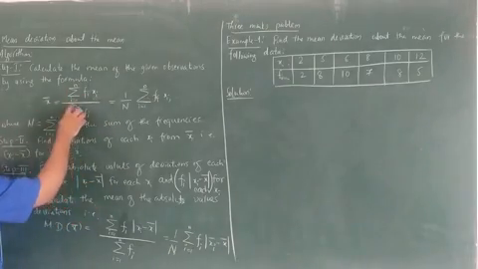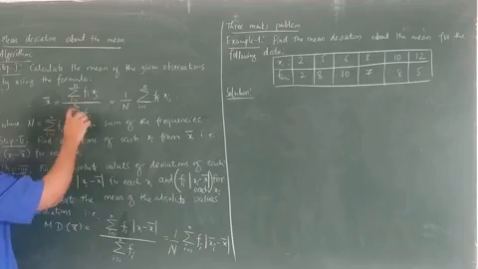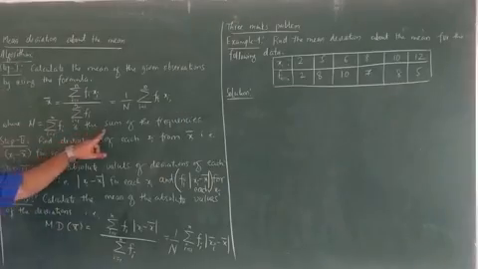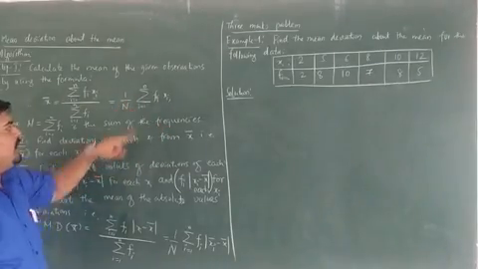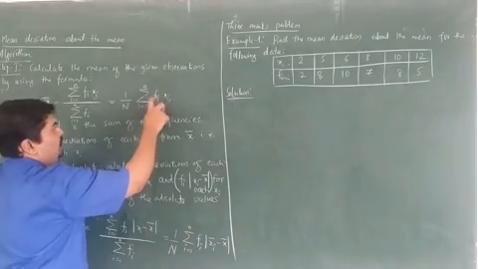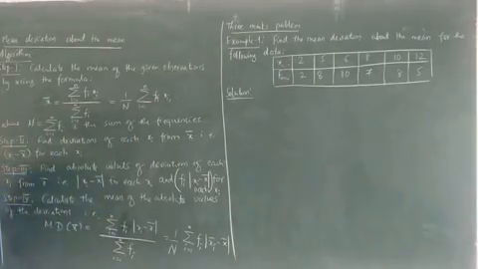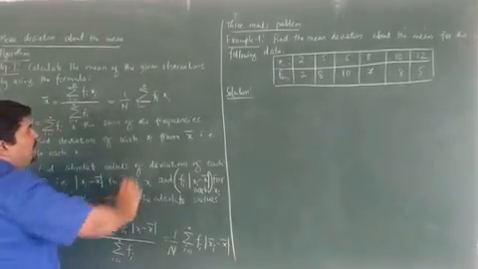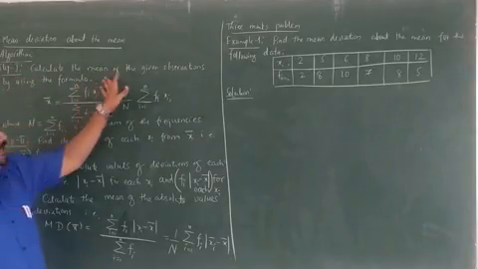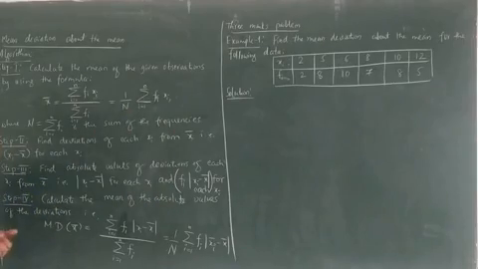Here I can replace the summation of fi, where i runs from 1 to n, with capital N, which is nothing but the sum of the frequencies. This is the method of finding the mean for the given set of observations in case of the discrete frequency distribution.